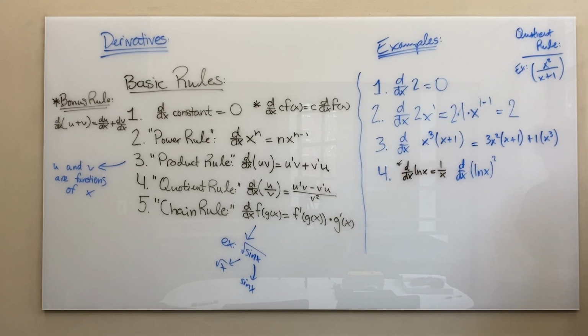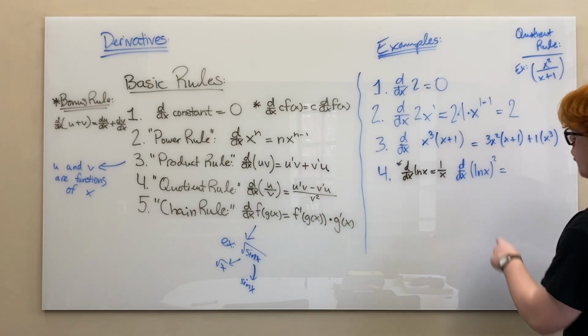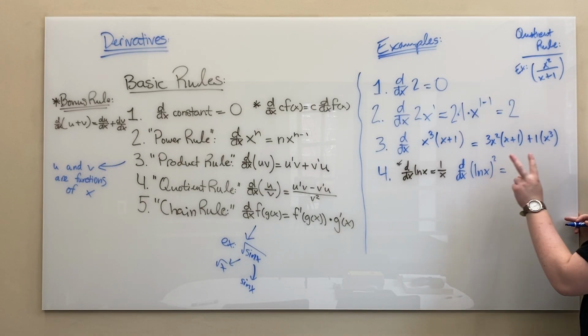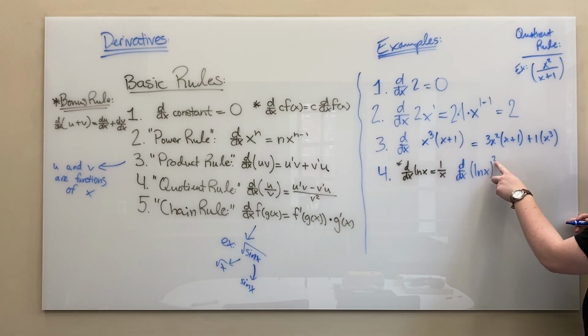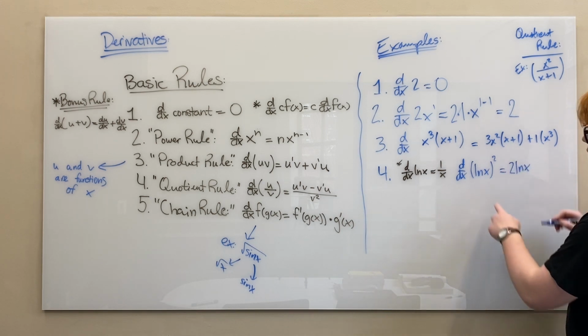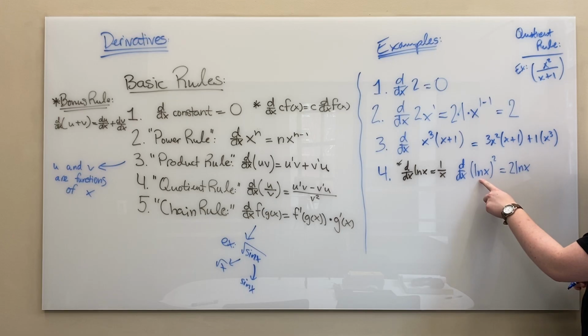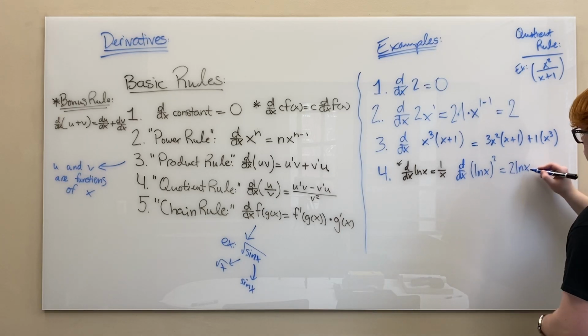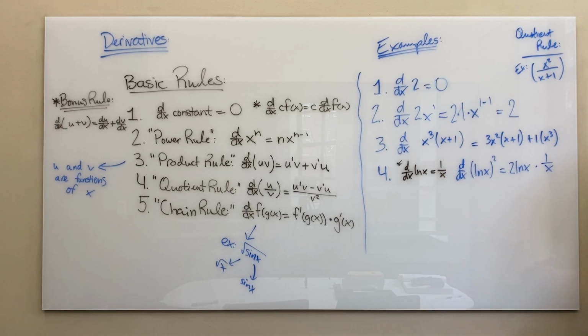And so what this is going to be is you're going to take the outermost function, which is like x squared, right? And so you're going to have 2 natural log of x, and then times the derivative of what's inside. So times 1 over x. There you go. So those are some examples of most of the basic rules.